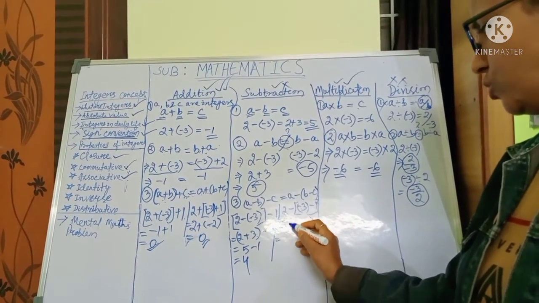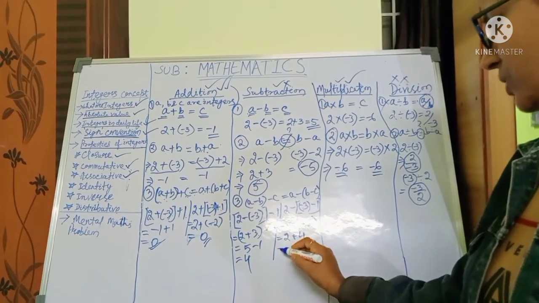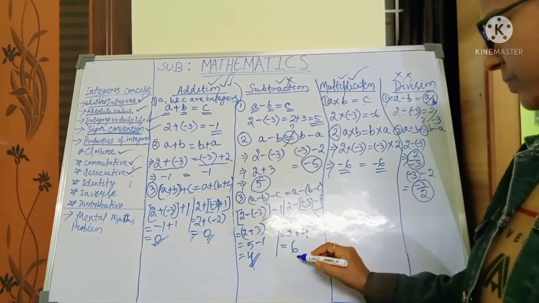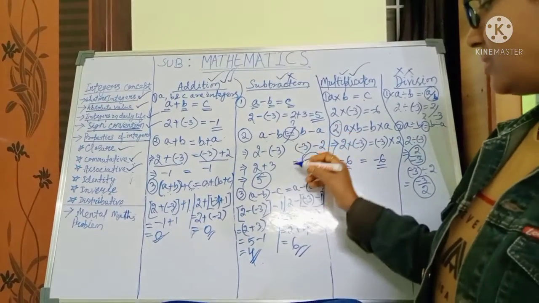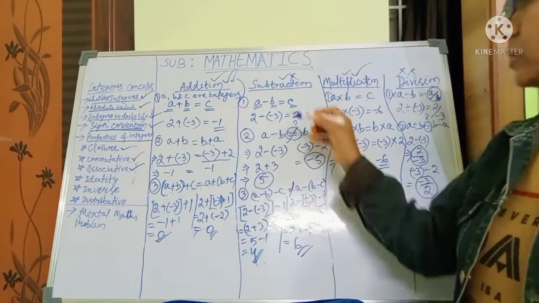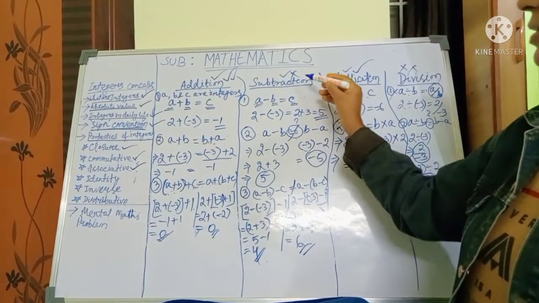So 2 minus of minus 4 is 2 plus 4. So it is 6. So what I am seeing now is 4 is not equal to 6. So this law is not applicable. The associative property is not applicable for subtraction.